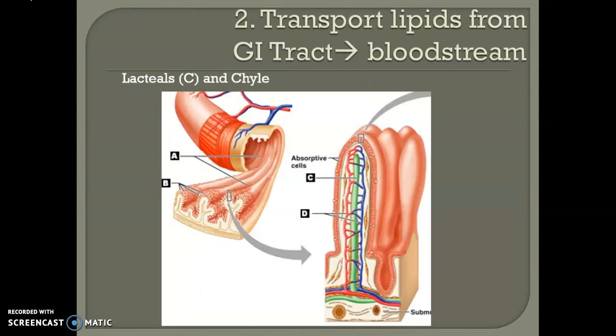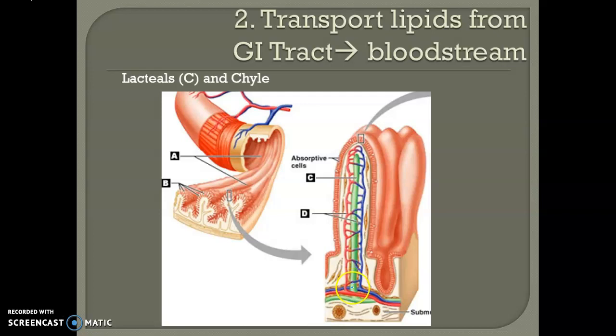The second function is transportation of lipids from the GI tract into the bloodstream. Let's talk about this. The dietary lipids and lipid-soluble vitamins that we take cannot be absorbed from the GI tract directly into the blood. Therefore, these larger molecules are transported by tiny lymph vessels called lacteals, as shown here.